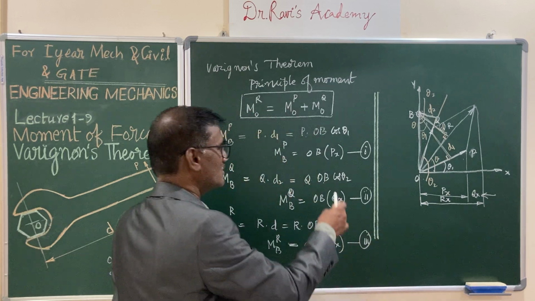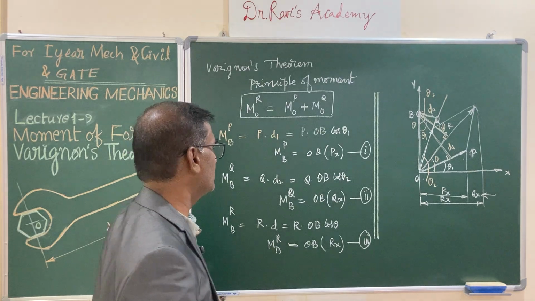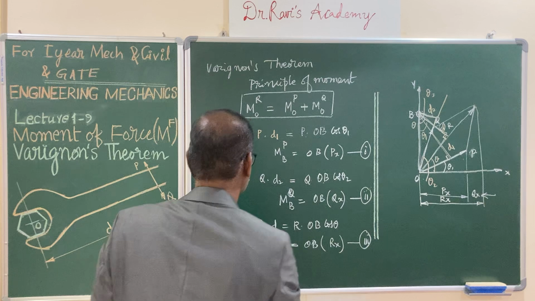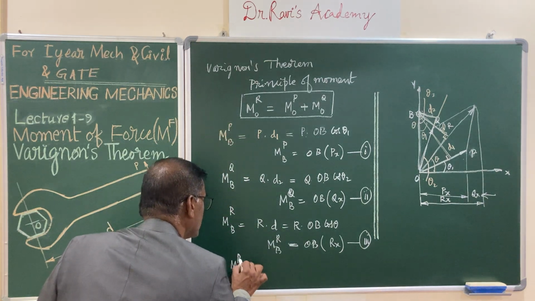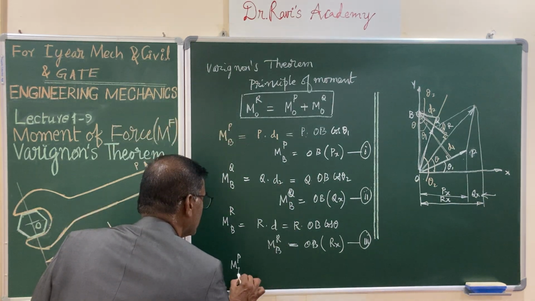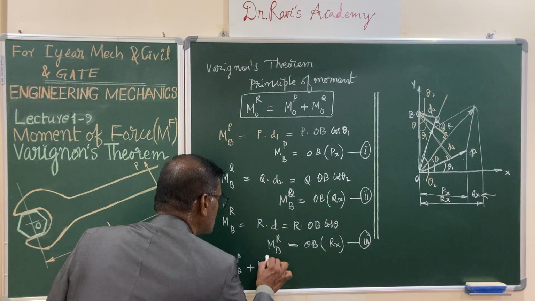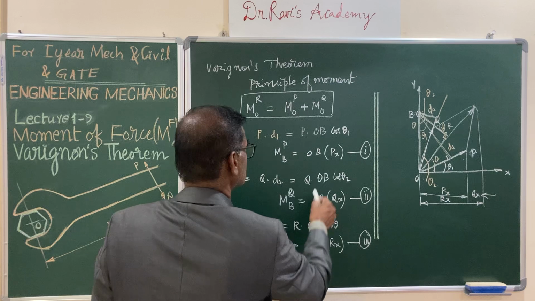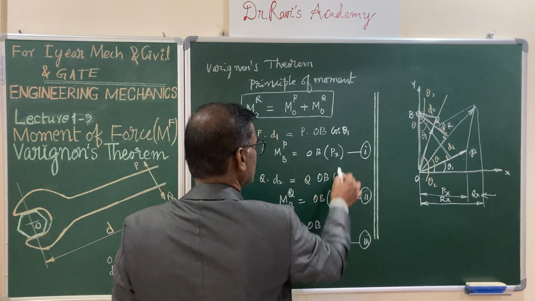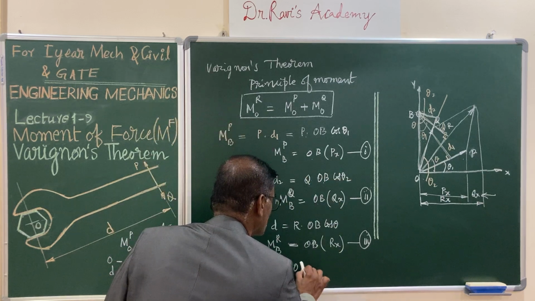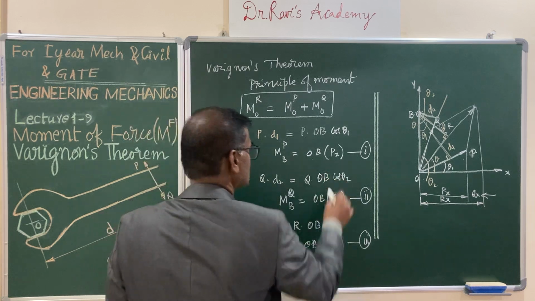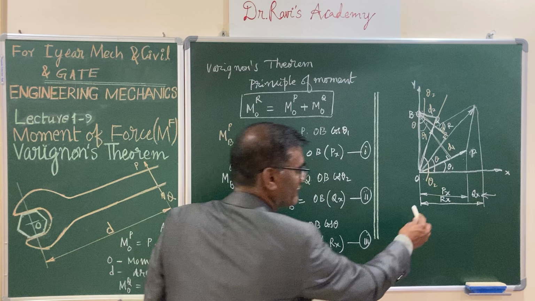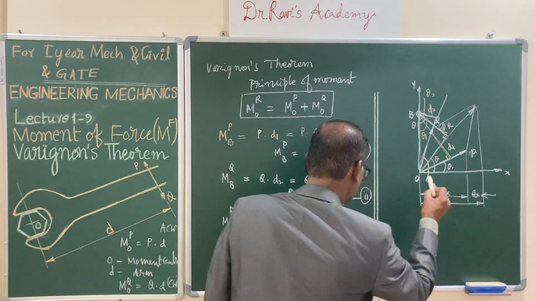From equations 1, 2 and 3, observe carefully: adding 1 and 2, that is, the moment of force P about B plus the moment of force Q about B, and these equations OB into Px, OB into Qx, you can take OB common, that is Px plus Qx, and from the figure you can see that Px plus Qx is nothing but Rx.